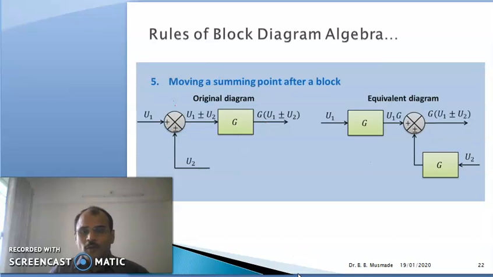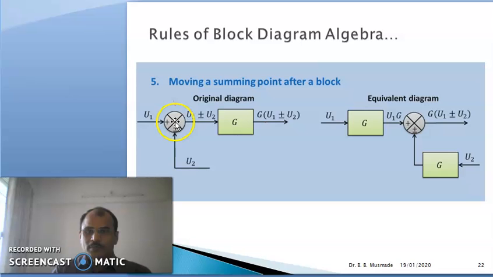Okay, now look at this. We want to move a summing point after a block. U1 is the information coming to the summing point. Another information is considered as U2. You can understand how this addition or difference gets computed by this summing point, and that effective input is given to the plant transfer function G. So this should be retained.